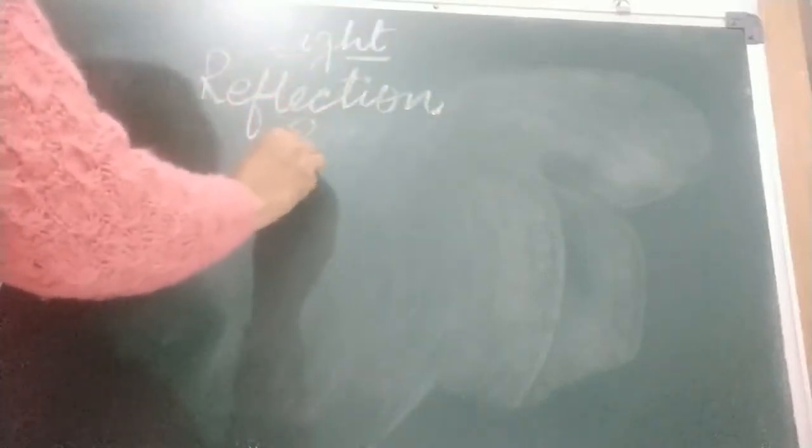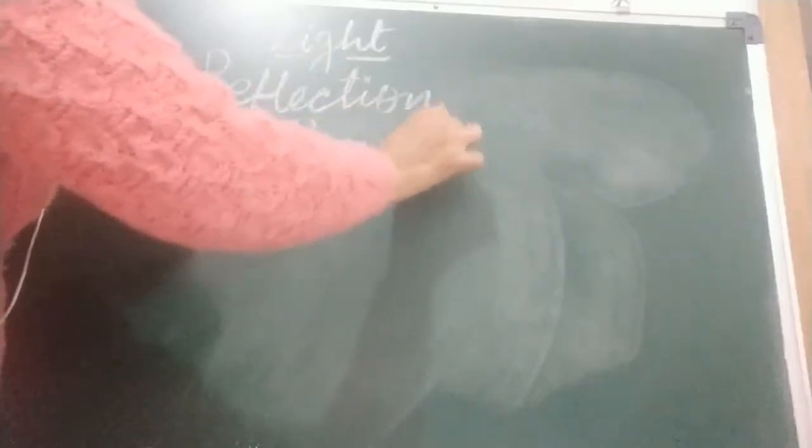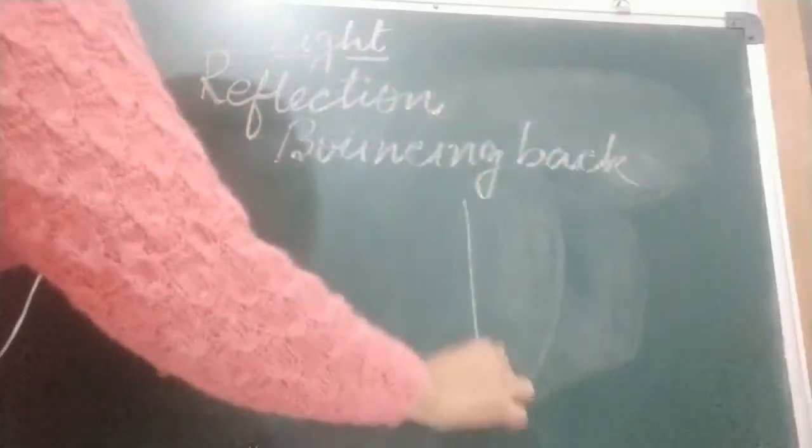Children, what is reflection? Bouncing back of light is called reflection. When you are throwing a ball and it comes back to you, that is like reflection.